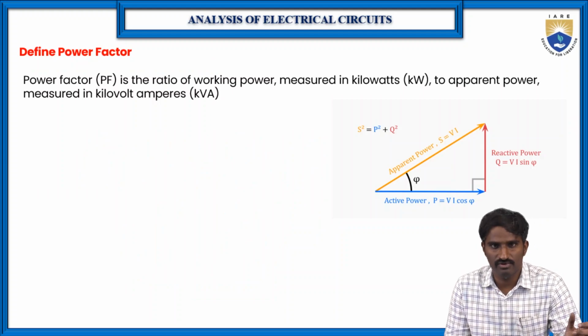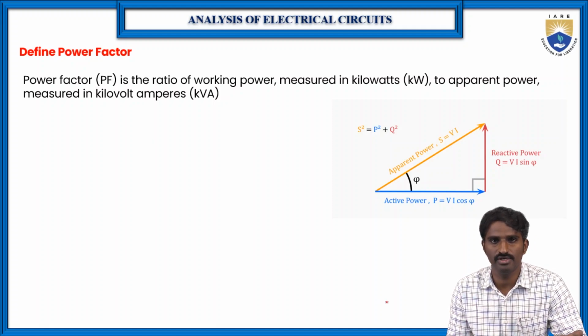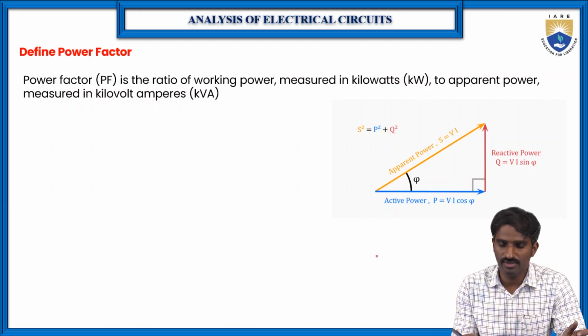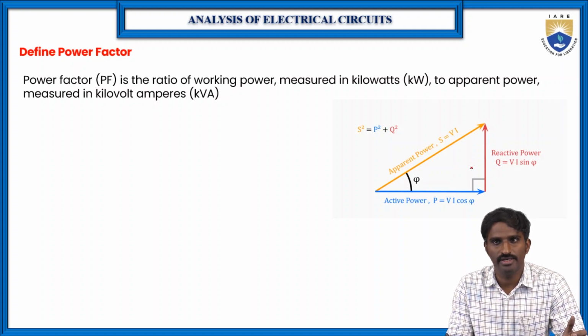Then coming to the power factor. The power factor mainly depends on the phase difference between the 2 quantities. In other words, the power factor can be easily defined using the power triangle.